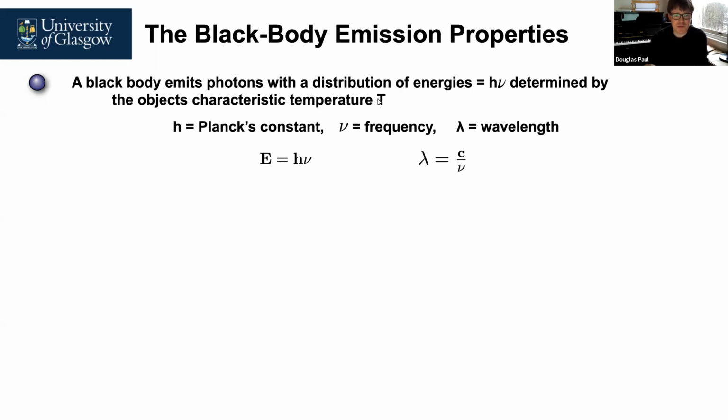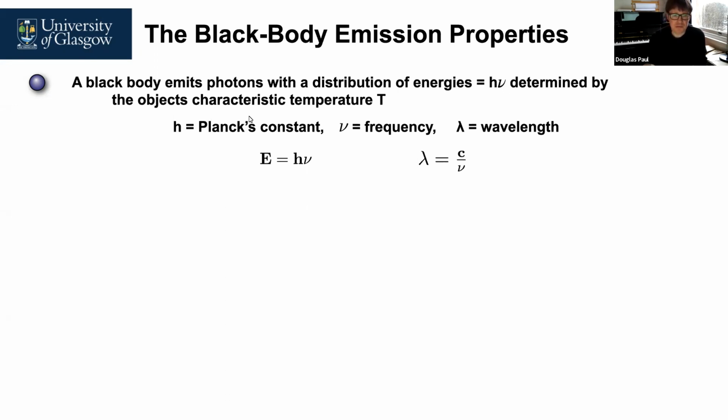So a black body emits photons of light with a distribution of energy, and energy is just Planck's constant. That's h, which is 6.67 times 10 to the minus 34 joule seconds, times the frequency of the photons. And the frequency for most of the photons we're talking about today is going to be petahertz. So that's 10 to the 15 hertz.